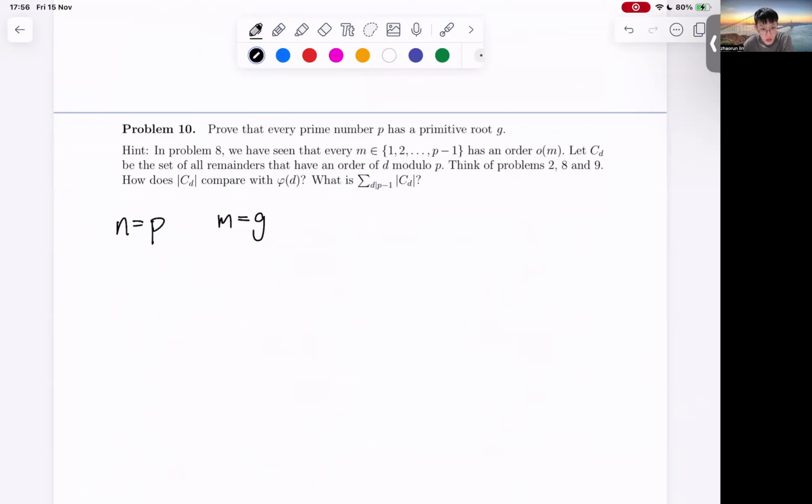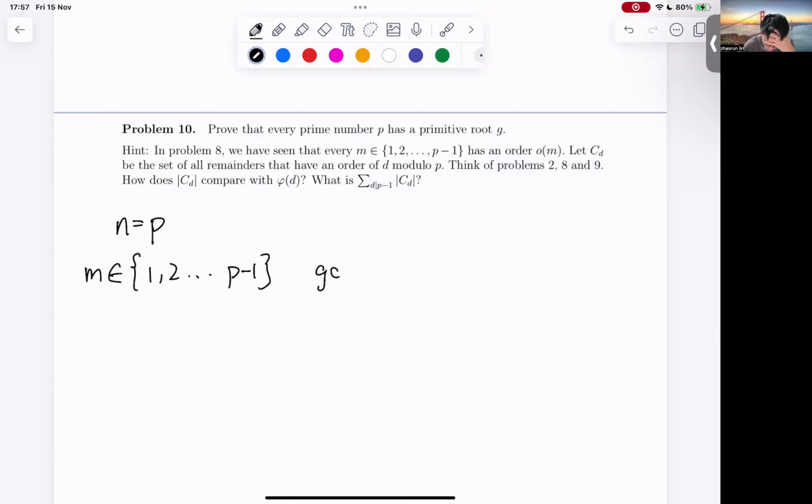So now we have n equal to p, this prime number p, and m equal to this primitive root g. No, not n to g. So we can set n to p, then for every m in this set, it is co-prime to p, right?